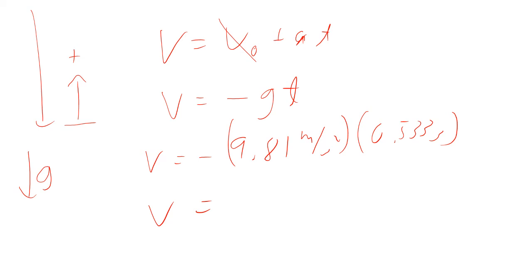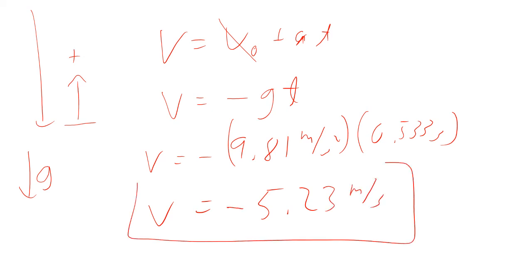Well, here's the interesting thing. It gives us the same number as before, 5.23 meters per second, but it makes it negative. Okay, now signs matter. They tell you direction. Last time, the velocity was positive. Now the velocity is negative.